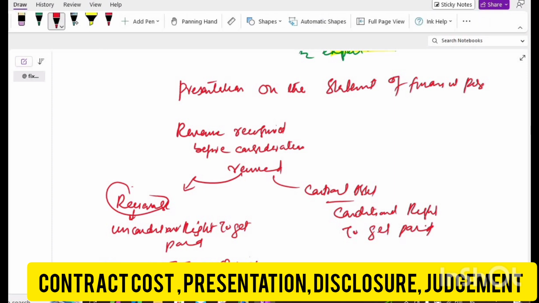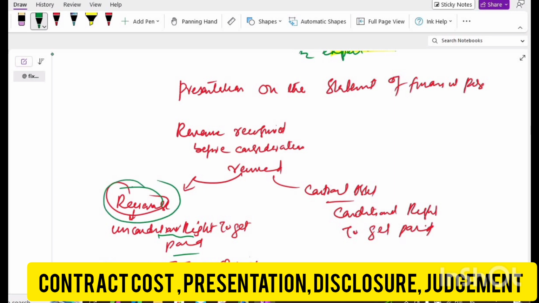By receivable we mean that the company has an unconditional right to get paid, and only the passage of time is required. For example, if the company completes the work and only has to wait for the agreed payment date, let's say 30 days or 90 days, then it recognizes this as a receivable. So this is the presentation.